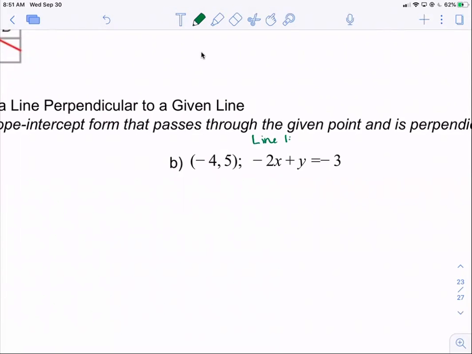Remember, in order to find the slope of a line, we have to be in slope-intercept form. So we want to start off by solving for y. I'm going to add 2x to the other side. So we have y = 2x - 3, and that tells us that our slope is 2, of line 1. So m1 equals 2.